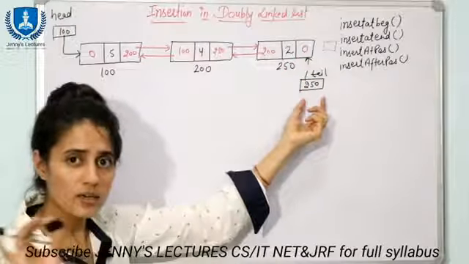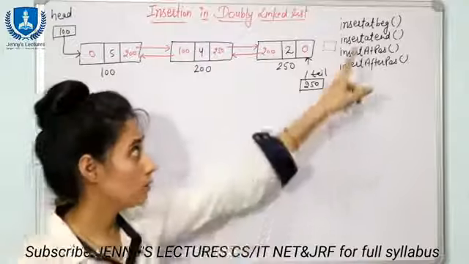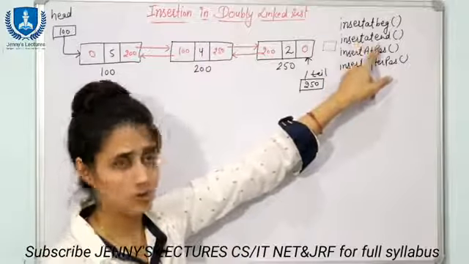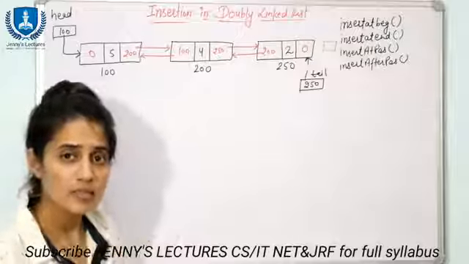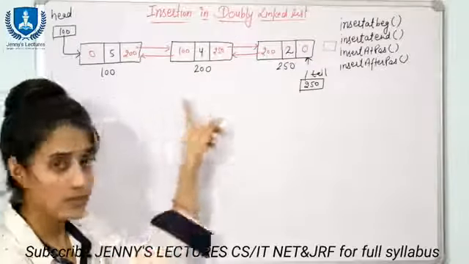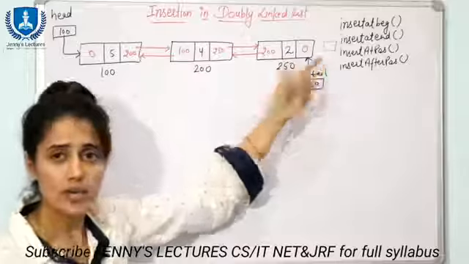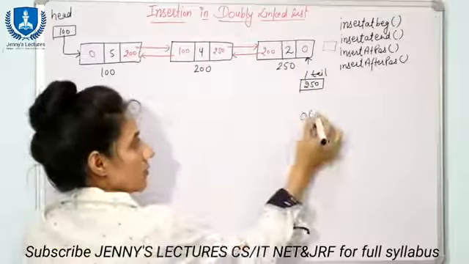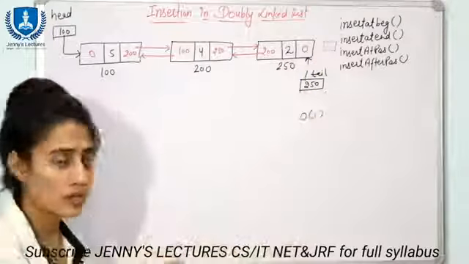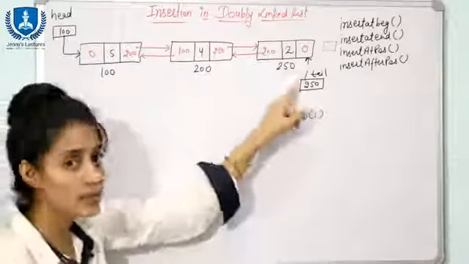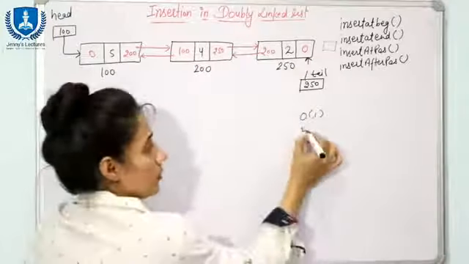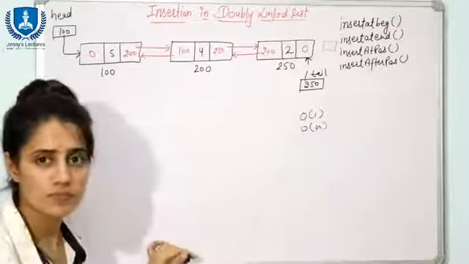How we are going to update these links, that also we are going to discuss when we discuss the function insert at end, right? So in this case, the insertion in doubly linked list at end will take time order of 1, if you maintain this tail pointer. If you don't maintain this tail pointer, in that case you have to traverse the complete list. It means it will be order of n.